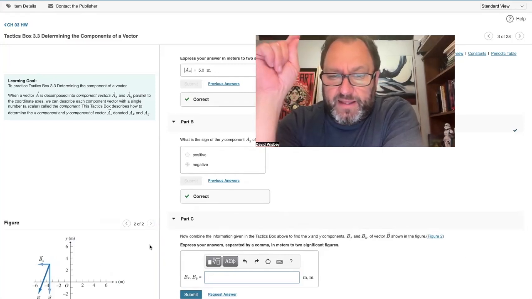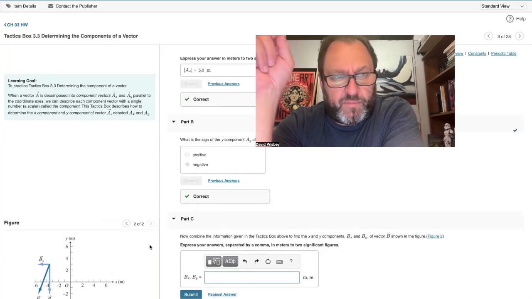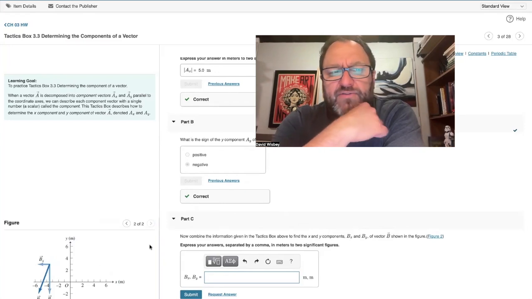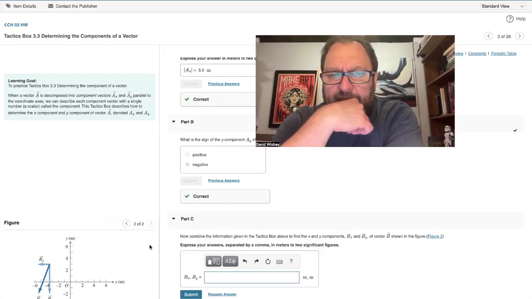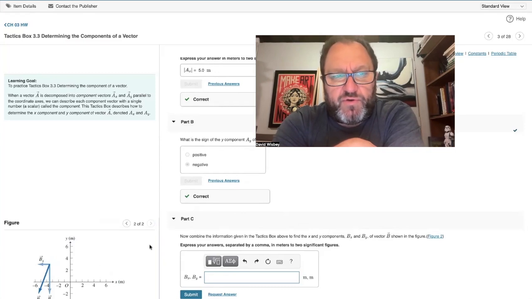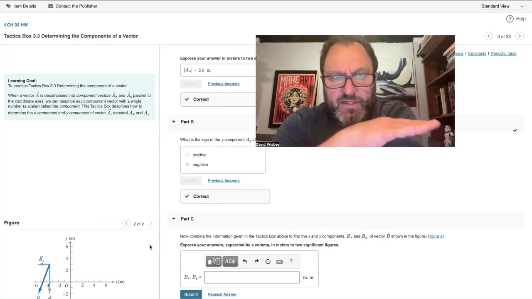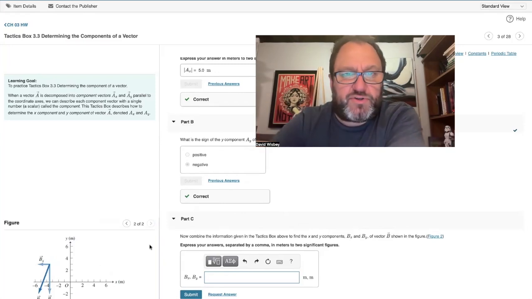Okay. When a vector A is decomposed into components of vectors AX and AY parallel to the coordinate axis, we can describe each component vector with a single number, a scalar called the component. The tactics box describes how to determine it.